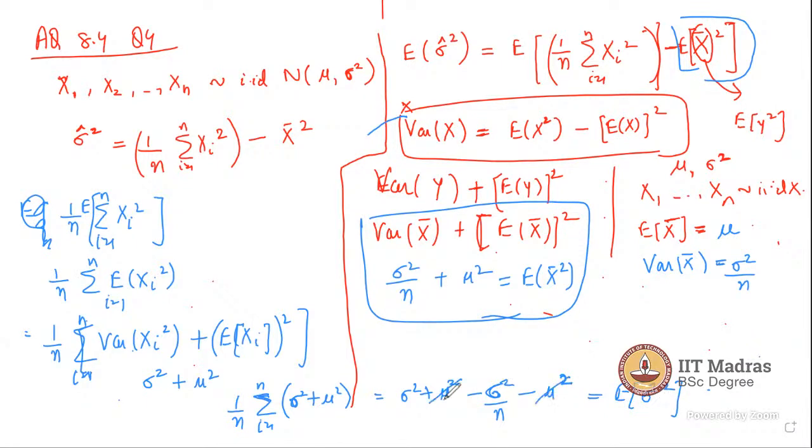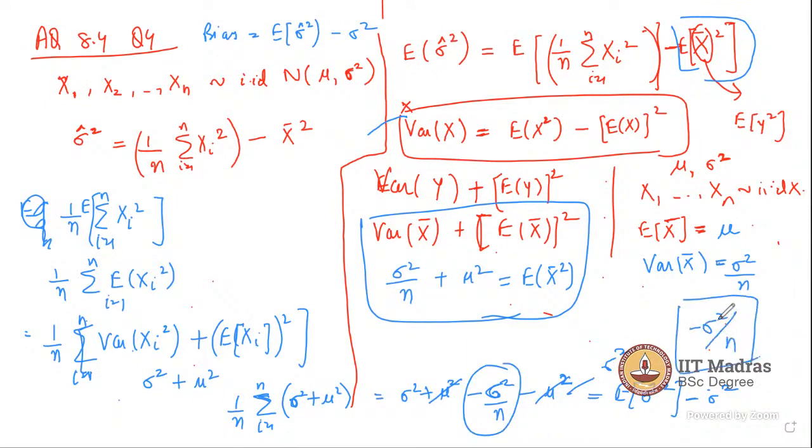So you will have sigma square minus sigma square by n. And to find the bias, according to the bias definition, that is expectation of sigma hat square minus sigma square, so you will have to subtract sigma square here. Then you will just get minus sigma square by n. So this is your answer.